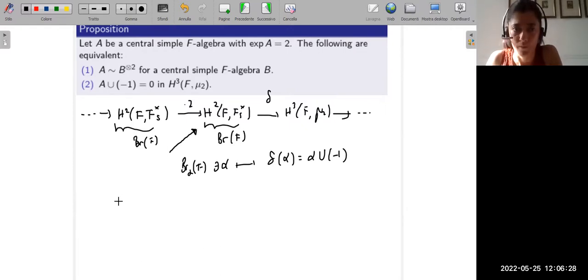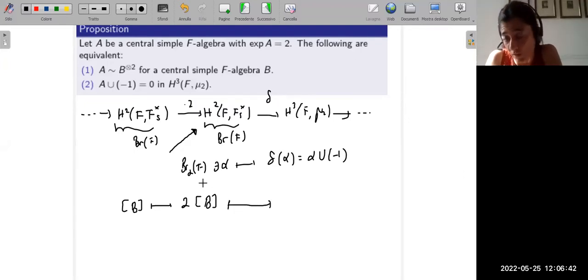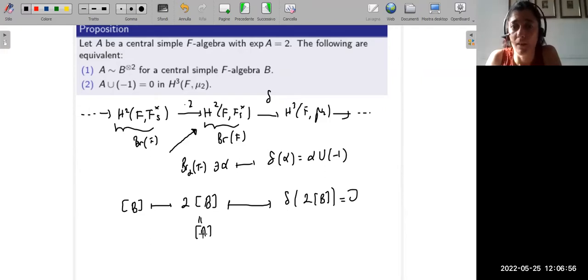So for example, for 1 implies 2, you start with a class here. As I said, this is taking the 2 power, and the composition being exact means in particular that the composition is trivial. So this is trivial, and if it happens that this is in the Brauer 2 torsion part, as in our case.